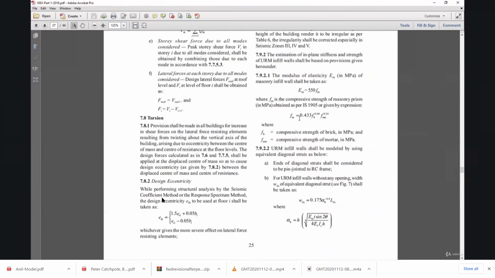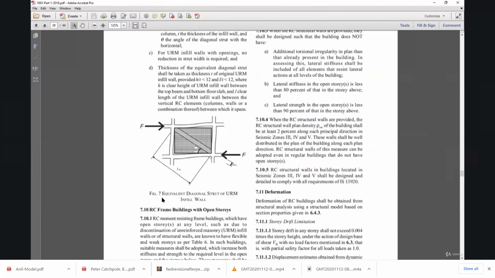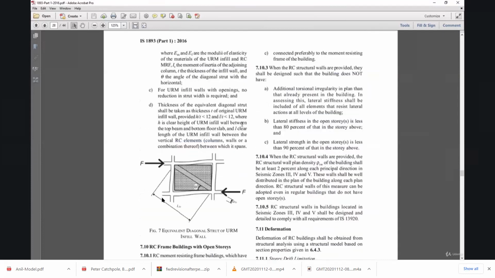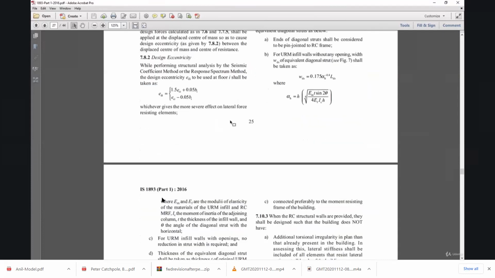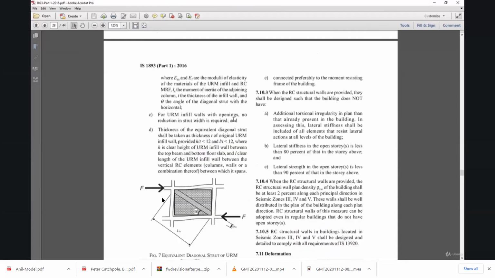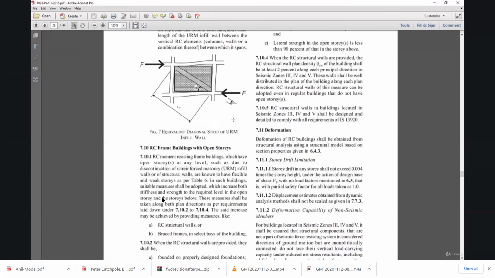This is a guideline where we can model the masonry infill walls. We can model a diagonal strut with width having this value. After that, the code guides us on what the story drift limitation shall be.